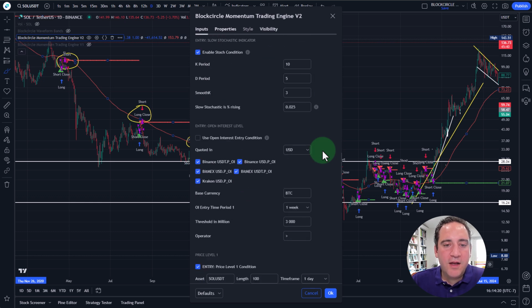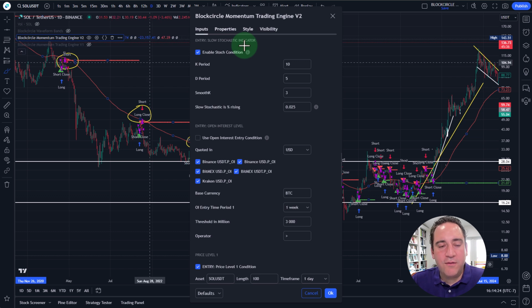And then another big entry condition is the slow stochastic indicator. So whether or not you want to have it enabled, right now for this configuration we do. And then we adjusted the K and D in the smooth K period. If you're not sure what these indicators are, you can just look them up one by one. But these indicators are very helpful. Some are lagging and some are leading.